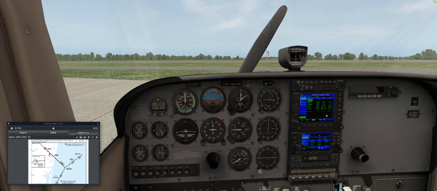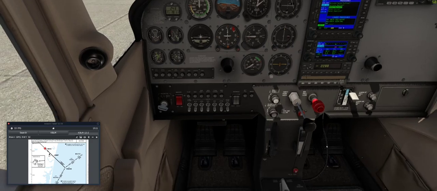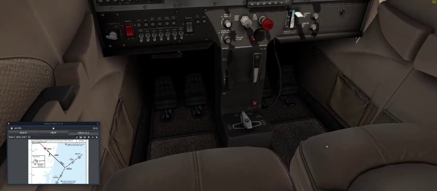I'm not going to edit that out, because I think as people try to learn flying this aircraft and these avionics, they'll probably have the same thing happen. And I try to leave the aircraft where it's configured right for the next person.